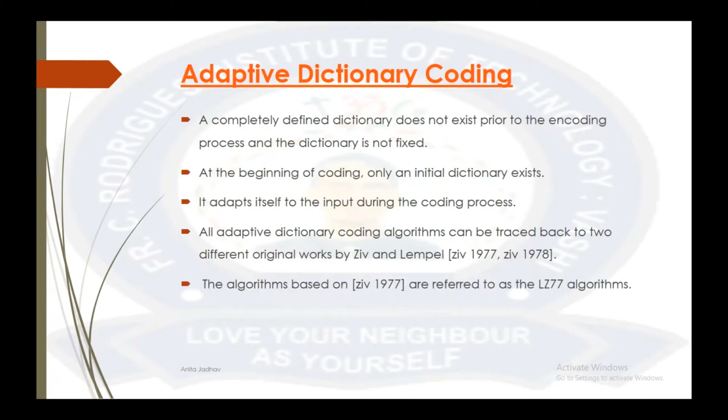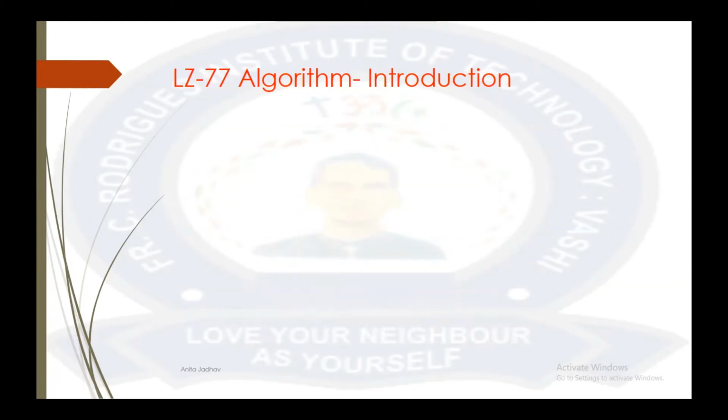The algorithm based on the 1977 work of Ziv, one of the researchers, is referred to as LZ77, whereas the one based on 1978, by the same researcher, is called LZ78. So for us, we have the LZ77 as well as LZ78 algorithms to study.